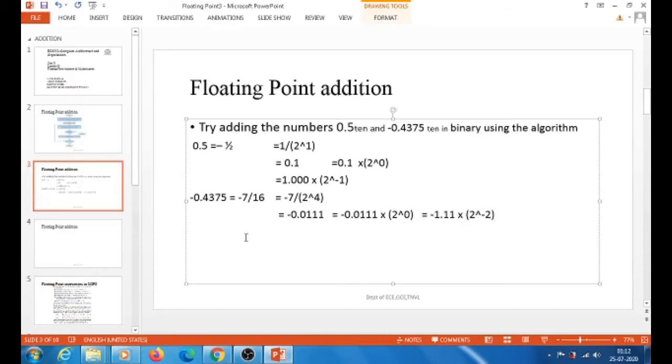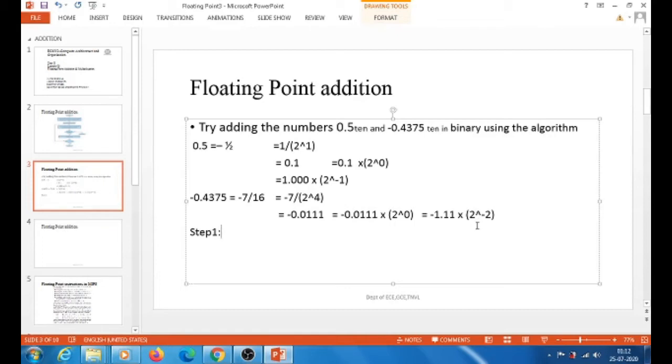Okay, let me take this as step 1. I want to calculate step 1. So step 1 is that the significand of the number with the lesser exponent is shifted right until its exponent matches the larger number. The smaller exponent is 2 raised to minus 2, so I want to make this 2 raised to minus 2 into 2 raised to minus 1, so that these two exponents match each other.